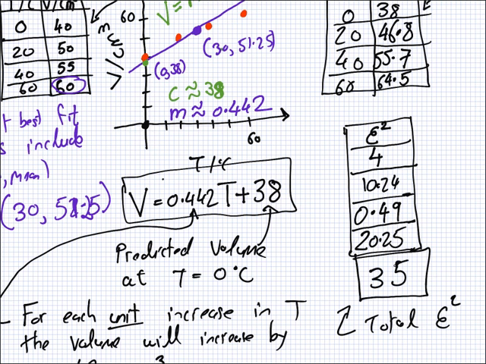Now, if I had 2 students do this question, the student with the more accurate model will be the student that has the smaller or the bigger value here? Smaller. Okay? So if 10 of you did this and you had 10 different total residuals, the person who has the best fit line and the best model for the data will be the student who has the smallest residual here.